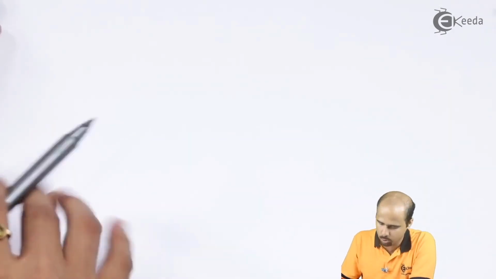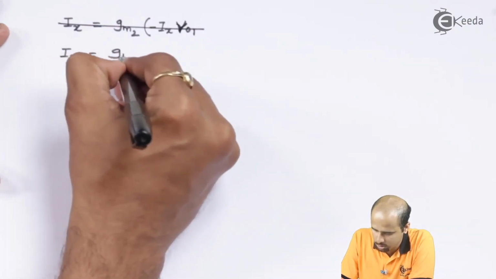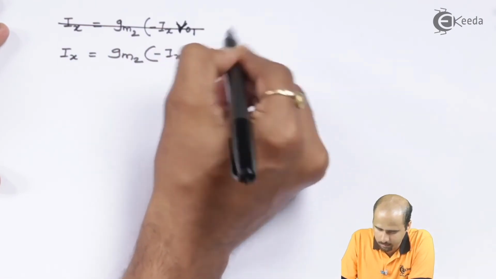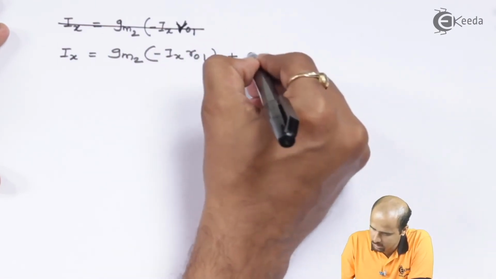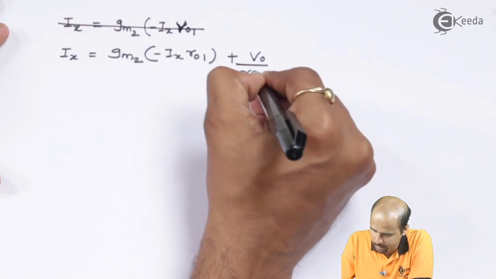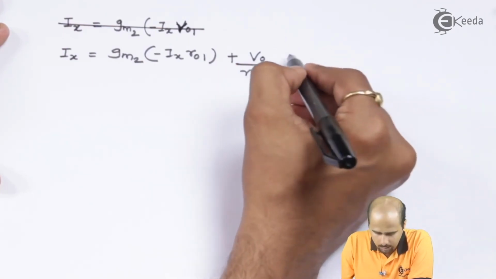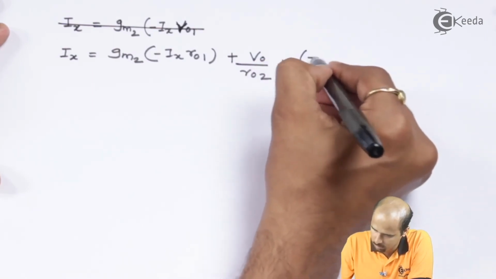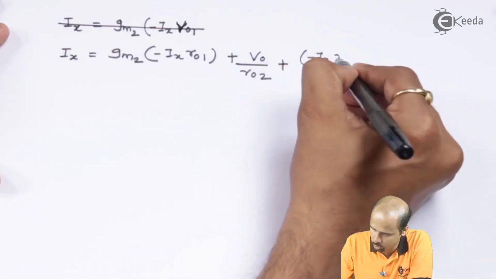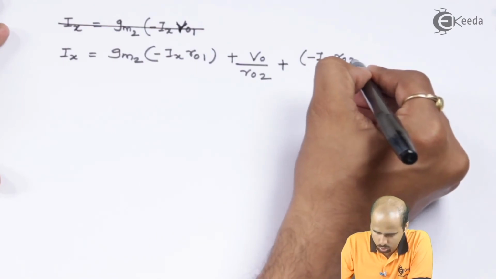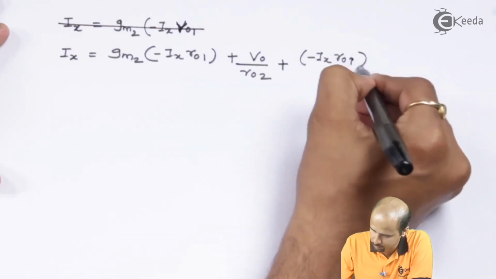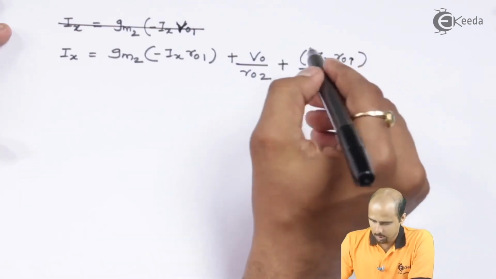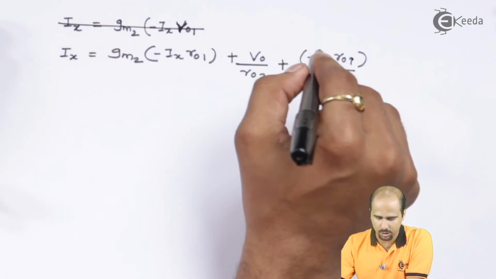So Ix is equal to gm2 into minus of Ix into ro1 plus Vo divided by ro2, and again plus minus of Ix into ro1 divided by ro2.